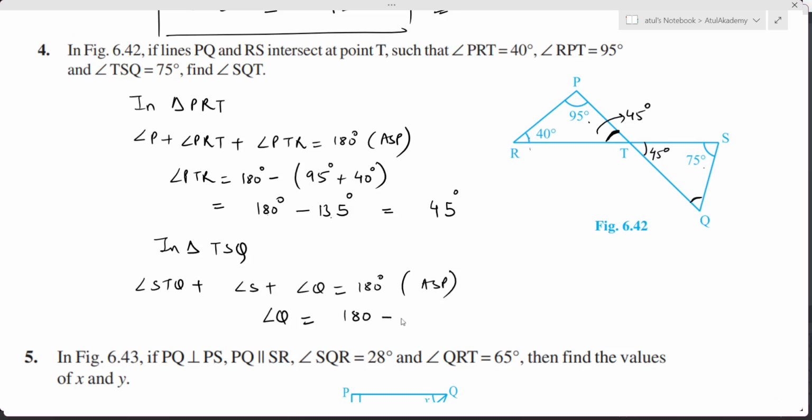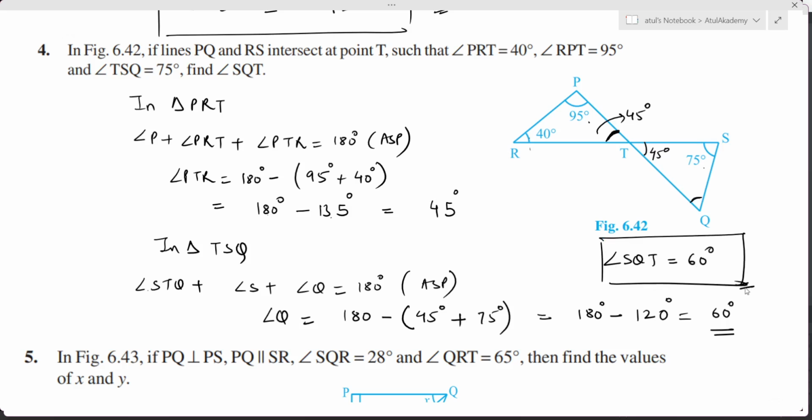So 180 minus STQ, which I got as 45 degrees, and angle S is 75 degrees. So let's add it. It comes out to 120, so 180 minus 120 comes out to be 60 degrees. I hope that's clear, students, because 120 plus 60 is 180. So I got angle SQT as 60 degrees. That's the answer.